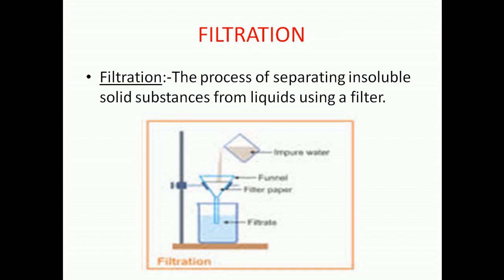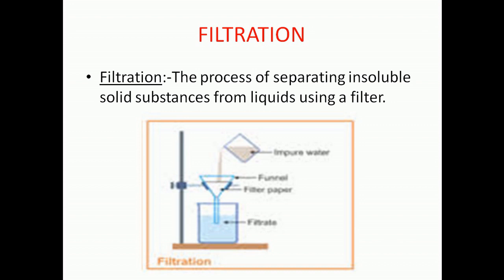In this method, the water containing insoluble solid substances is poured into another container using a filter. Clear water collects separately in the container and insoluble solid remains behind in the filter. Clear water is called the filtrate, and the insoluble solid substance left behind is known as the residue.